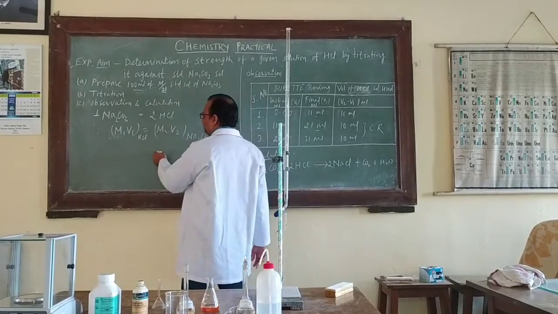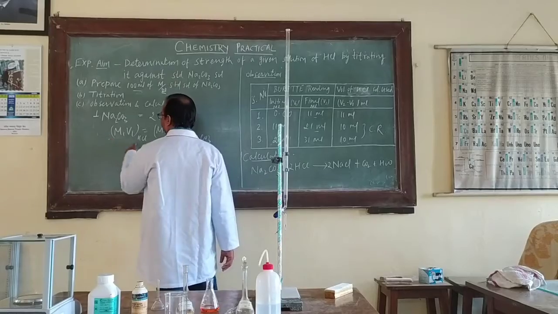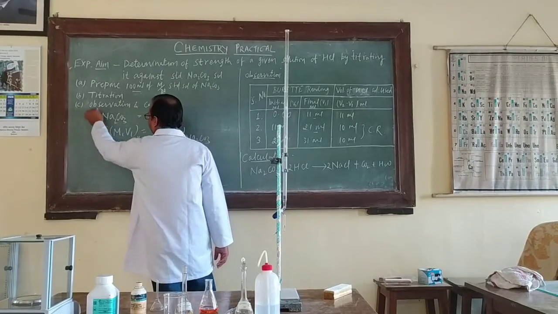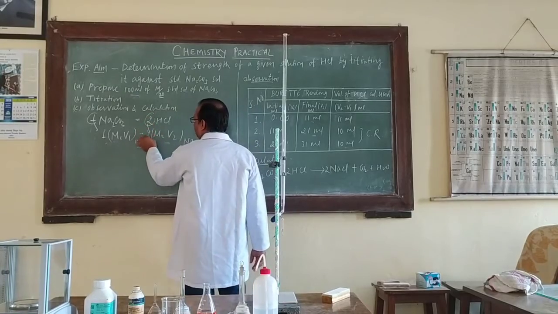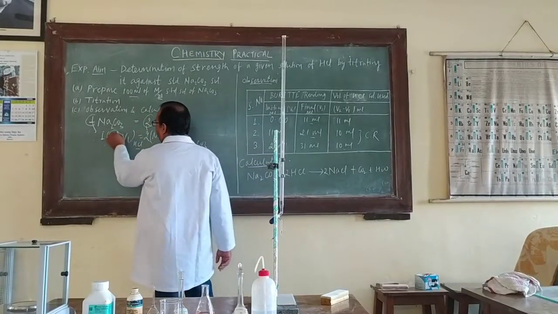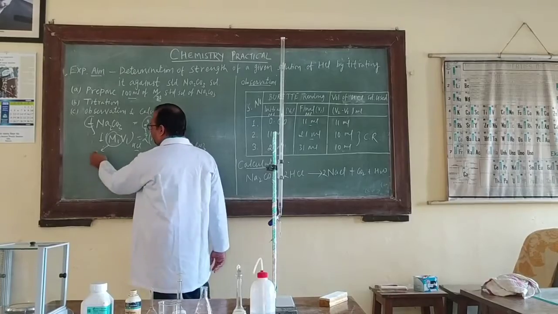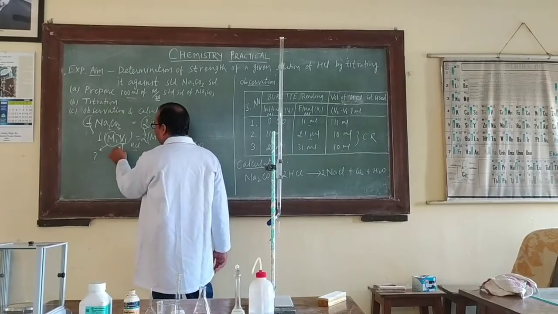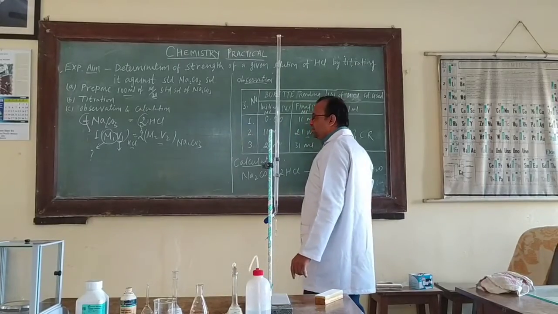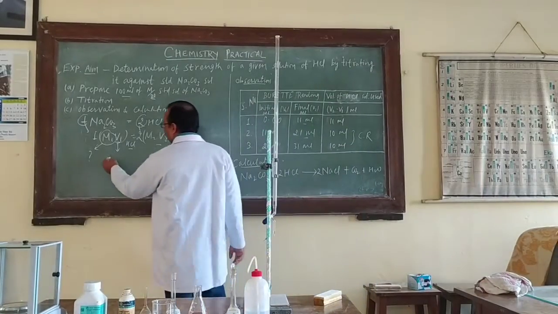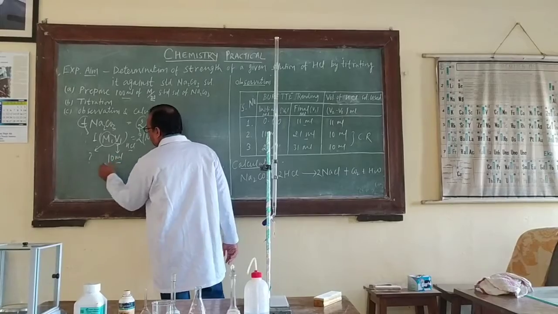Now we balance the equation by cross multiplying. This HCl is multiplied by 1, and this is multiplied by 2. So this molarity of HCl we have to find out, and the volume of HCl is the volume taken from the burette. It comes from the concordant reading. Now suppose this reading is 10 ml.